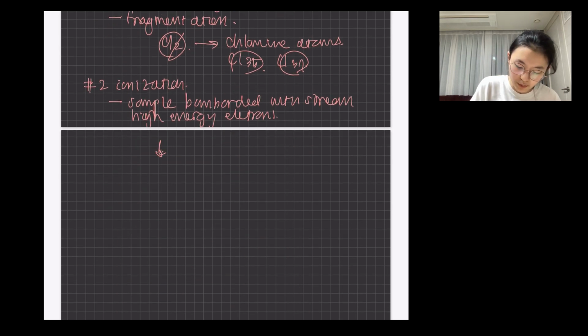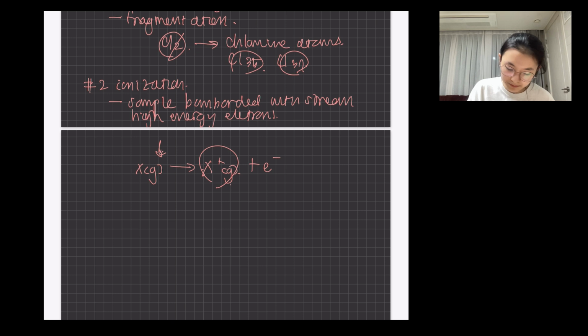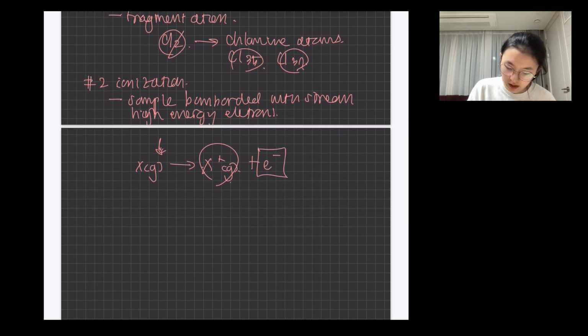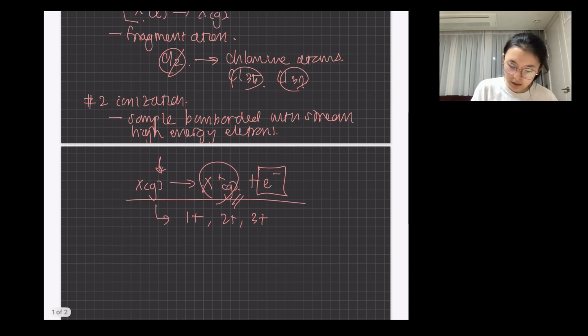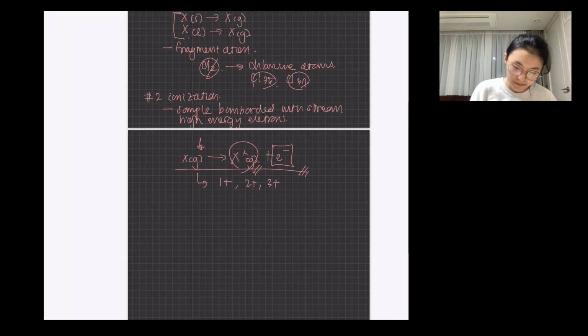So the equation for this process would look like us having the substance in its gaseous atom form, creating a single gaseous positive ion, and also getting rid of one electron from the single atom. Of course, we may produce ions with not only a single positive charge, but with perhaps 2+ ions, 3+ ions, etc. But mainly we aim for this state.